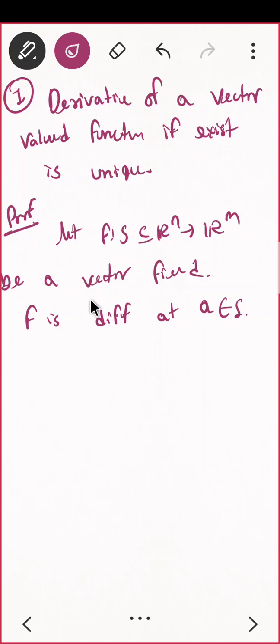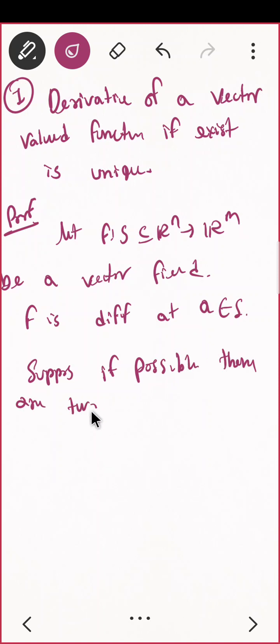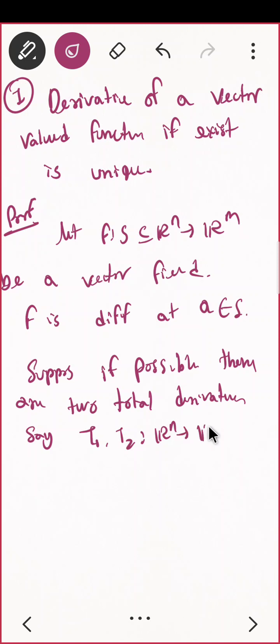Now we want to prove the uniqueness, no? So suppose, if possible, there are two total derivatives, say t1 and t2. Say t1, t2, the domain and range will be same, Rn to Rm. Correct?